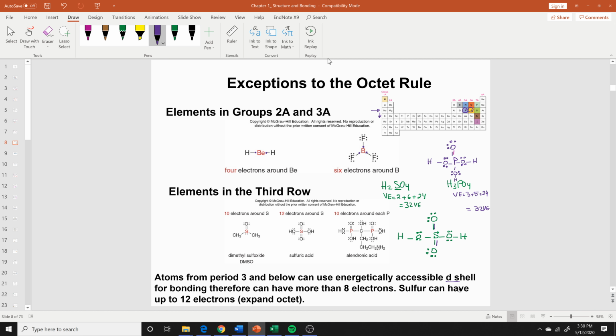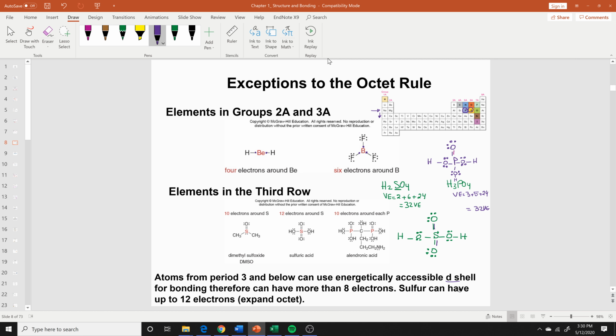And the D shell for bonding will enable these atoms to have more than 8 electrons, to exceed their octet limitation, so expand the octet rule. In that case, sulfur and phosphorus are the only inorganic atoms that we will be using in organic.